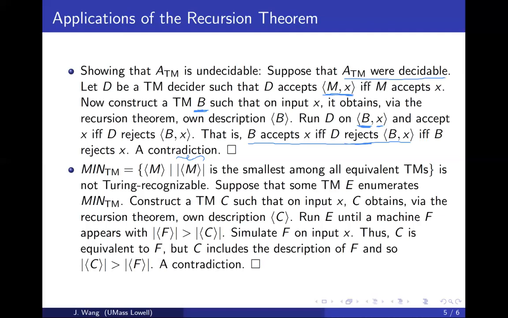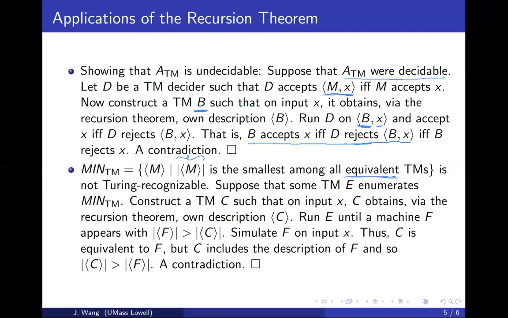Equivalent means that they accept the same things, or compute the same thing. We're going to say that it is not Turing recognizable, in other words, it is not enumerable. You don't have a Turing machine to enumerate the elements in this set. How do we prove it?